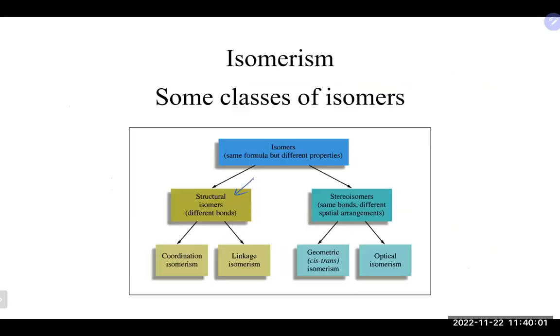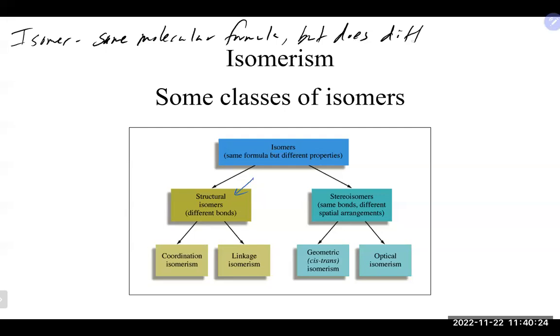All right, so where we left off, I think, is here. We're going to talk a little bit about isomers. For the most part, isomers are things that have really the same molecular formula, but oftentimes have some different connectivity.